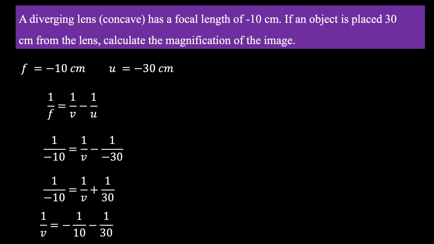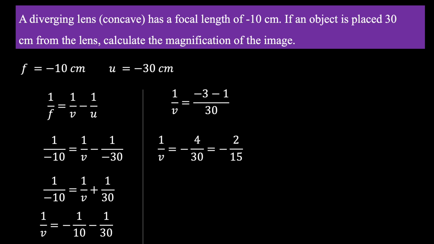So 1 by v will be equal to minus 1 by 10 minus 1 by 30. So 1 by v is equal to minus 3 minus 1 divided by 30. So 1 by v will be equal to minus 2 by 15.